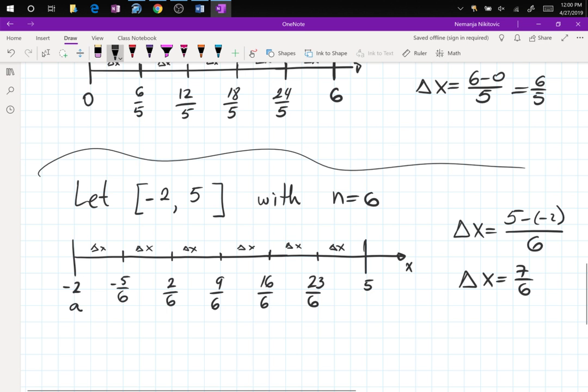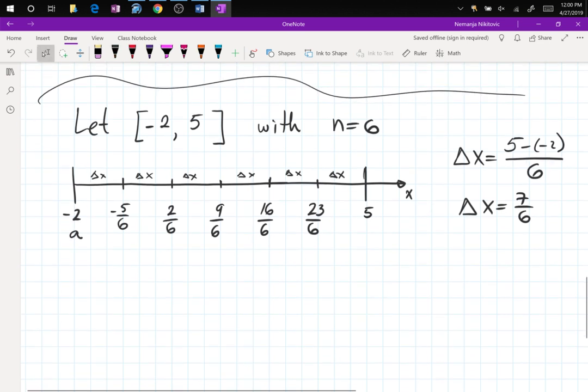Now, I want to point another thing out. This is your A, and then this one is A plus delta x. And then the next one over here is A plus 2 delta x. And then A plus 3 delta x.